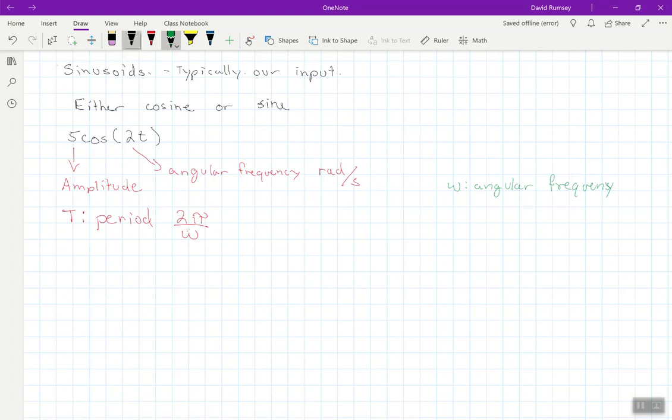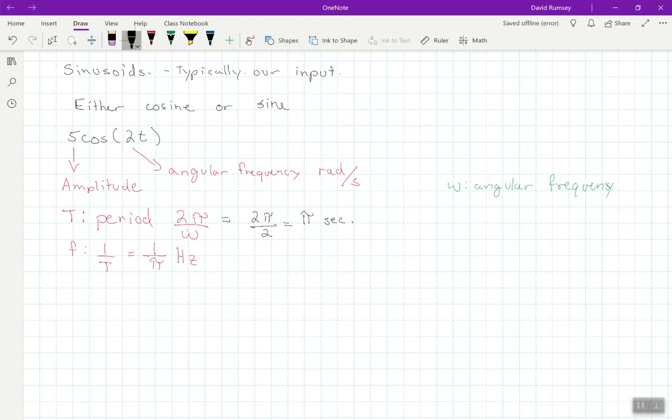And so in this particular case, we would have that the period would be 2 pi over 2, which would be pi, and of course period is in the units of seconds. We also want to remember here frequency. Frequency is 1 over the period, and in this case this would be 1 over pi as my frequency, and the unit for frequency is hertz.